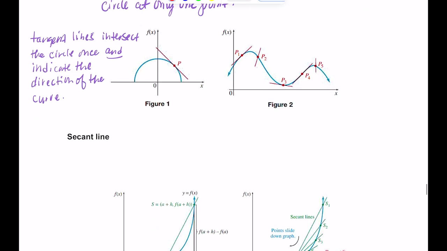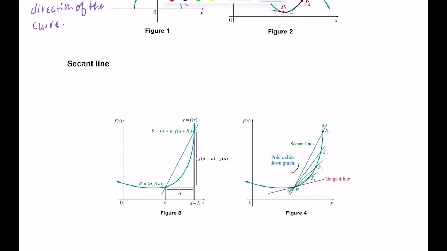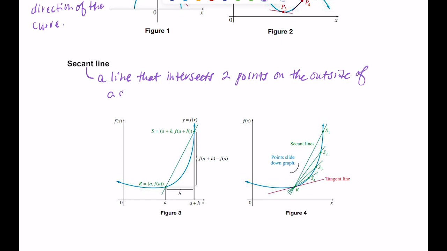So we also have what are called secant lines. By definition, a secant is a segment that intersects 2 points on a circle, or a line in this case, on the outside of a circle or a curve.